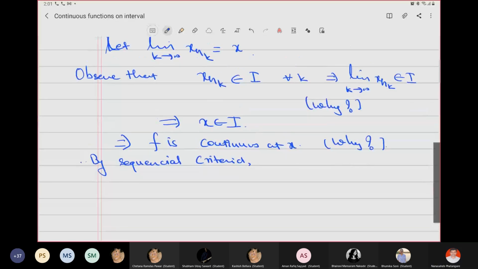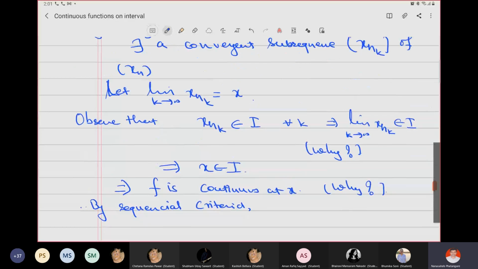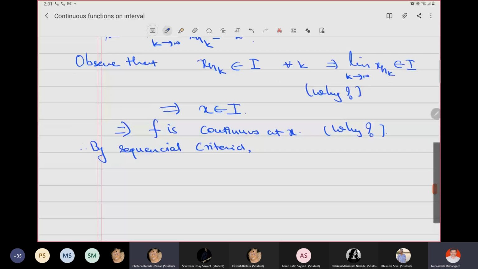Why? What is the given hypothesis? The function is continuous on I and x is a member of I. So can I say f is continuous at x? Yes, sir. So x is a member of I, and f is continuous everywhere on I, so f is continuous at x by the sequential criterion.